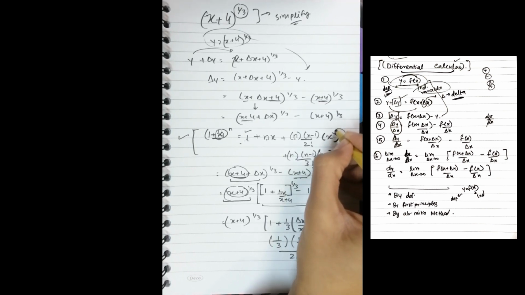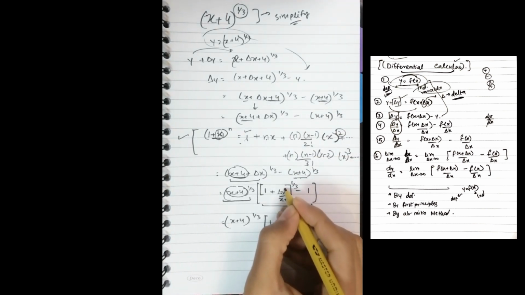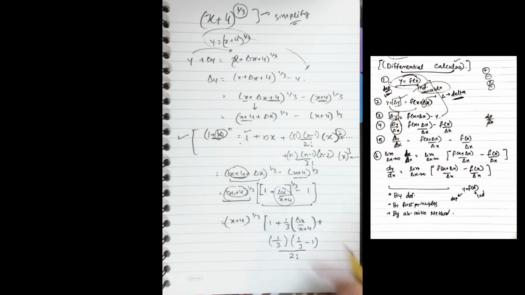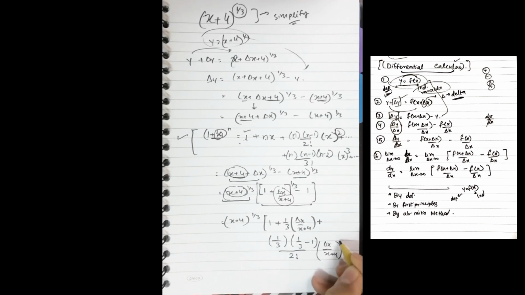We get a square power over here. So what is the second term? That is delta x divided by x plus 4, and I'm going to square it. Okay, and after that it goes the same for the third, fourth, unlimited terms, but I am just going to take it up to 2 terms. Why? I'm going to tell you at the end of the question.